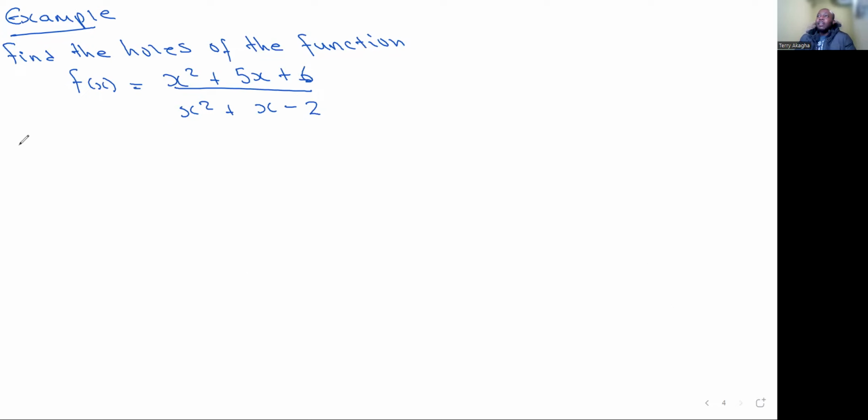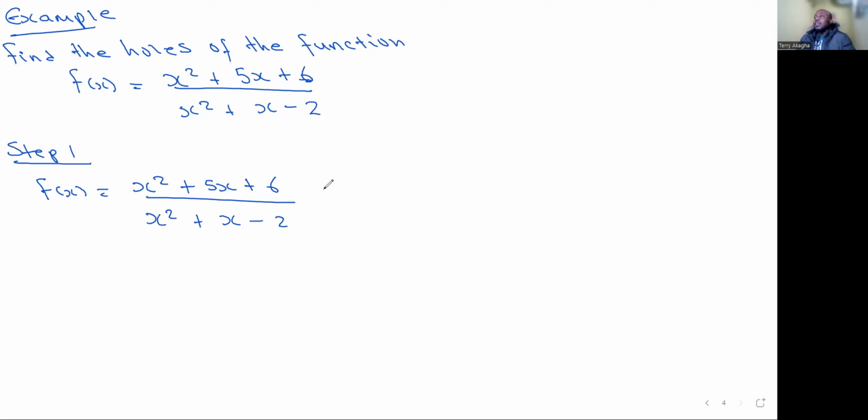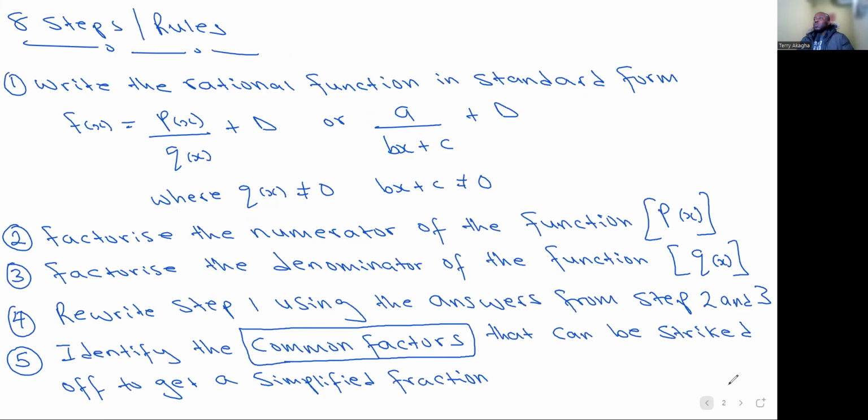So we can write f of x equal to P of x, this polynomial, divided by Q of x, this other polynomial. And the D here, the constant, is 0. Because it's already 0, I can just ignore it and go straight to solving. Is that okay? Now let's go to step 2.